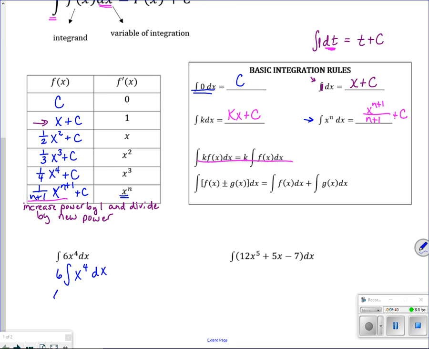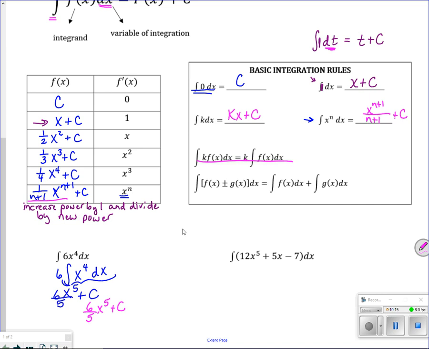So if I have the 6, now if I want to do the integral of x to the 4th using my power rule, I'm going to increase the power by 1 and divide by that new power plus c. And I would get 6/5 x to the 5th plus c. I cannot forget my plus c.